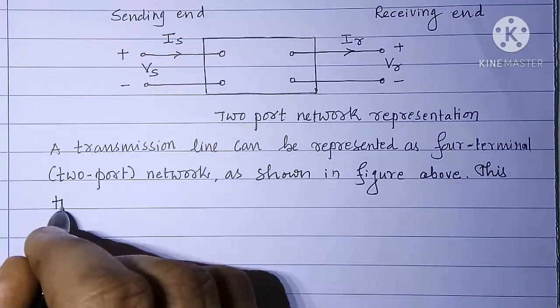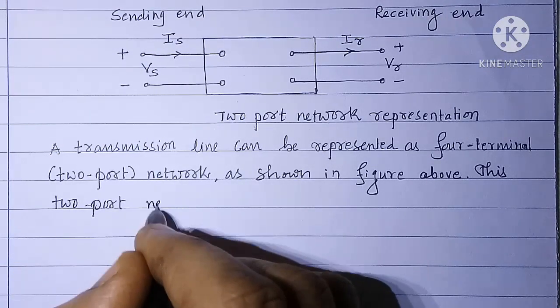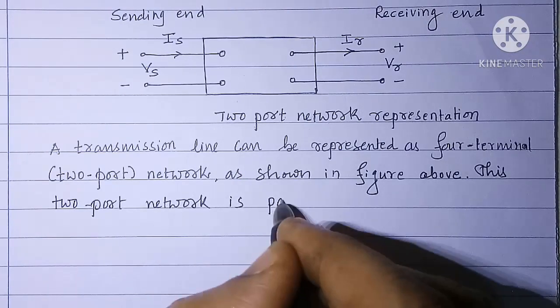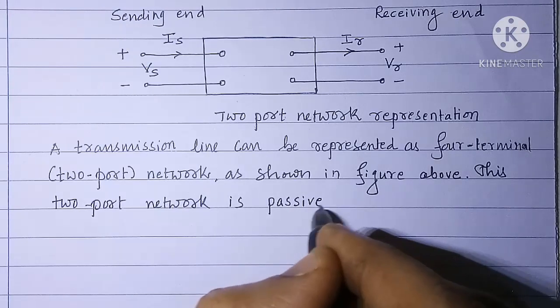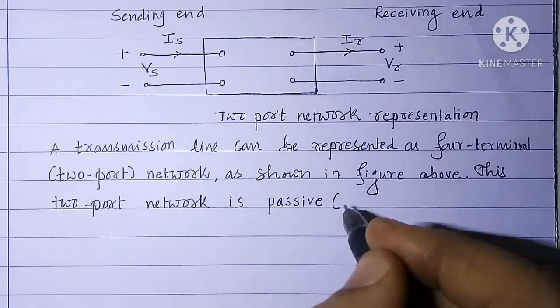This 2-port network is passive. Passive means it won't contain any energy sources.